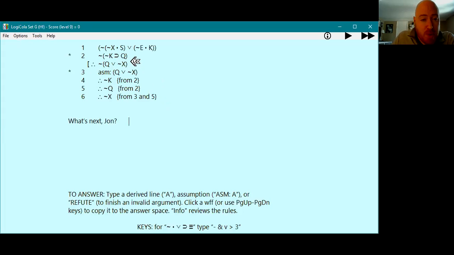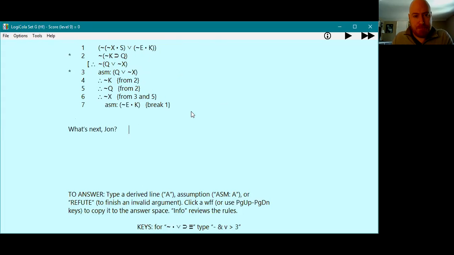So I've broken up line 2, I've broken up line 3. Now I still have this right here; I still need to deal with this. I'm going to go ahead and assume not E and K to break line 1. Why did I assume this?